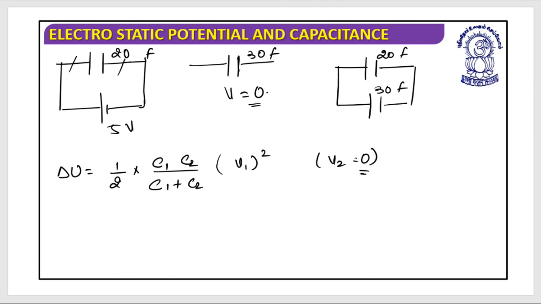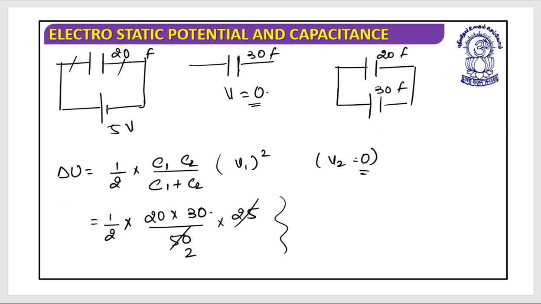So if I solve this, it is 1 by 2 multiplied by C1, which is 20 farad, multiplied by C2, which is 30 farad, divided by 20 plus 30, that's 50, multiplied by V1. V1 is 5, so 5 square is 25. So 25 2s are 50, and 2 2s are 4, 4 5s are 20. It's 150 joule. This will be the answer.